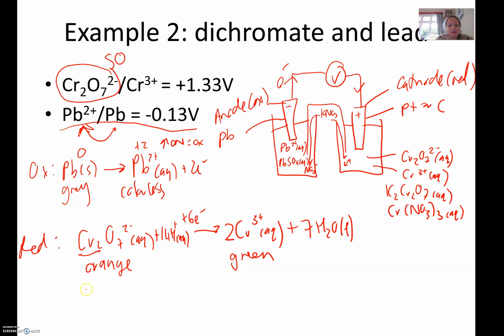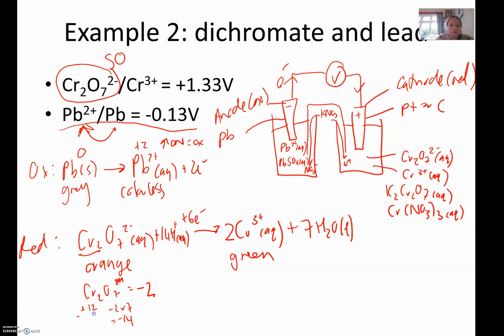We need to work out the oxidation number of this. The Cr2O7 2- is a polyatomic ion, so therefore the charge has to equal the charge on the ion. Oxygen's our known, it's -2. -2 times 7 equals -14. What plus -14 equals -2? And the answer is +12.